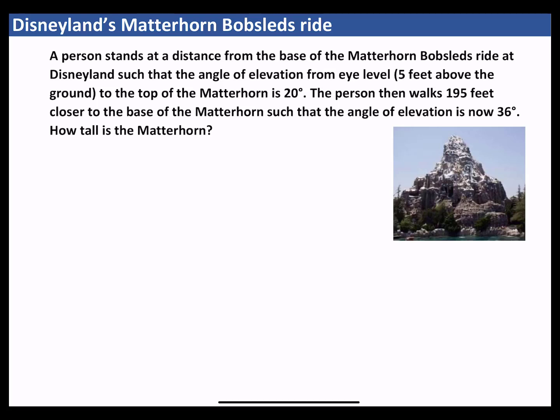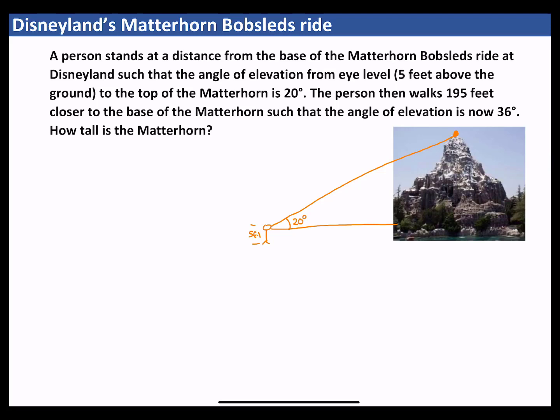So to start, go ahead and sketch a picture of what you think is being represented here, and then we'll check and move on. Okay, so we have the top of the Matterhorn here, and there's someone standing somewhere out here whose eye level is 5 feet, and the angle of elevation is 20 degrees.